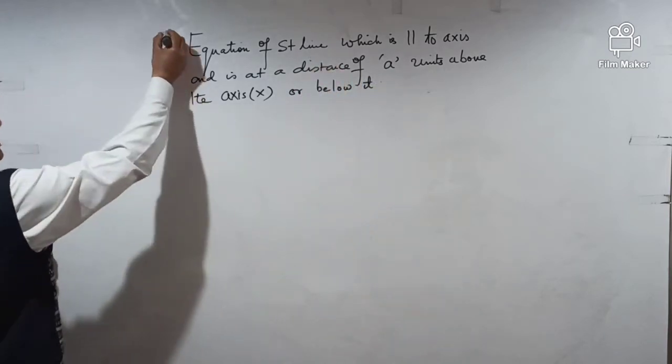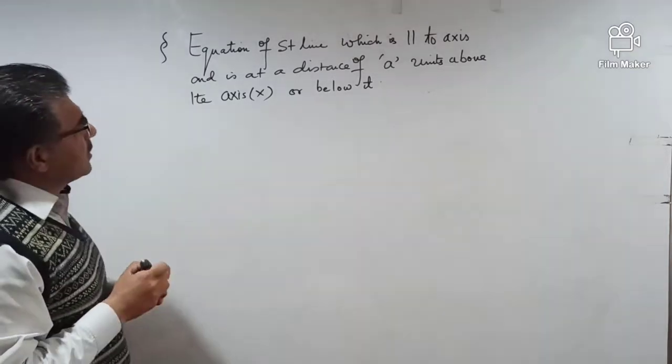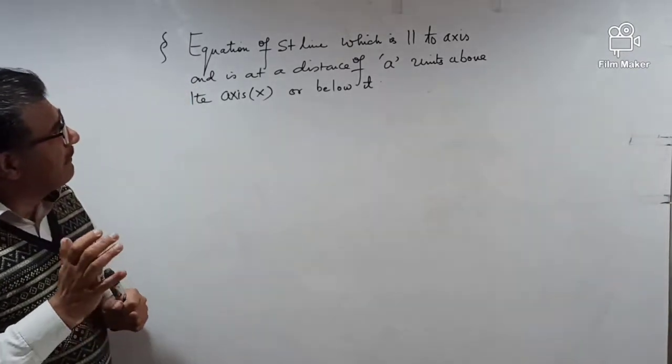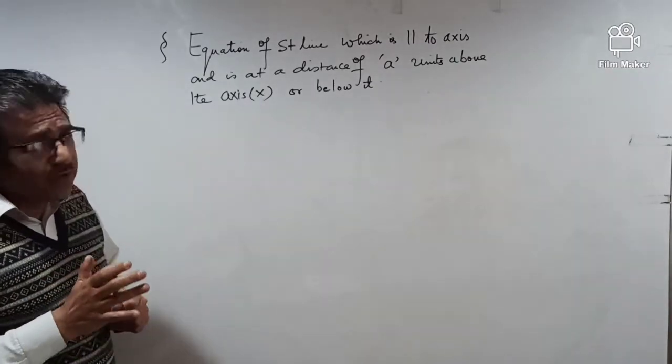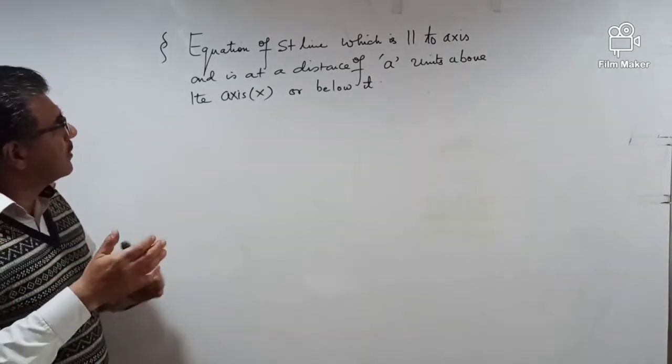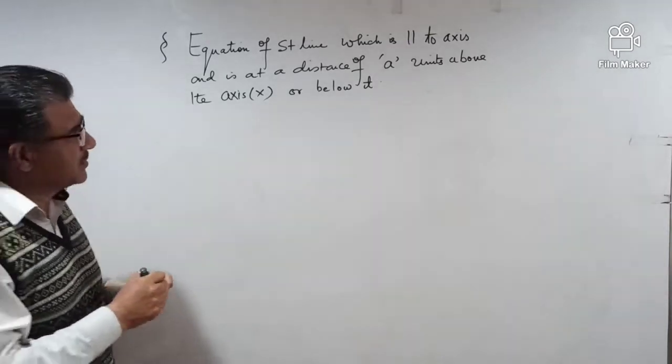I will take both the cases. So, the equation of a straight line which is parallel to the x-axis and is at a distance of a units above the x-axis or below it.